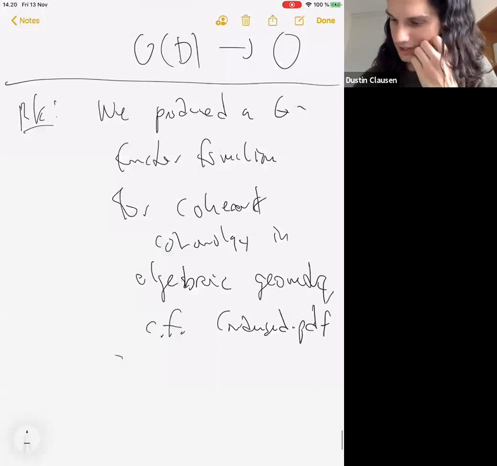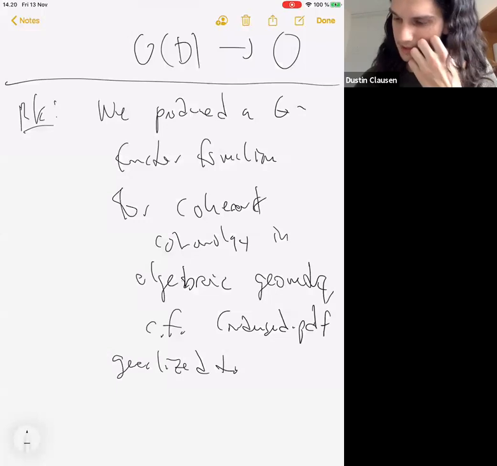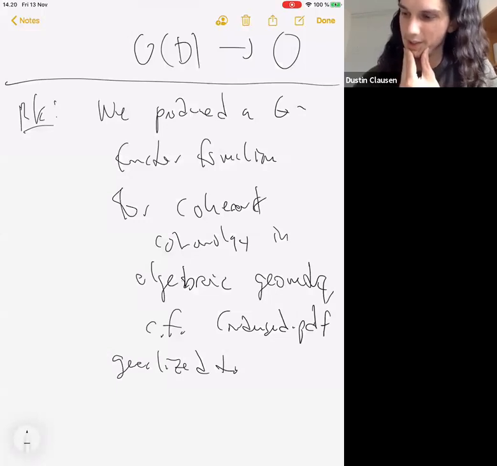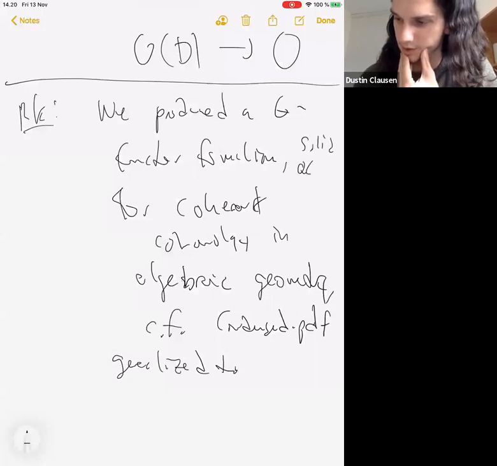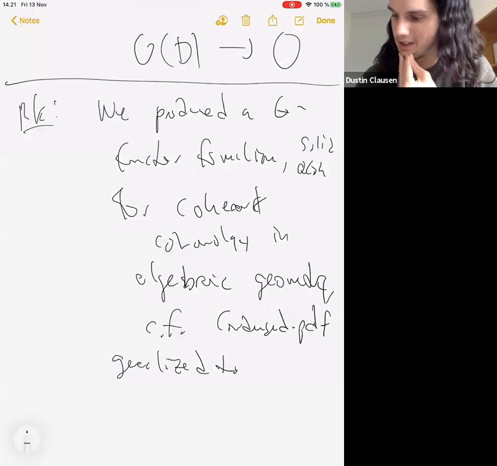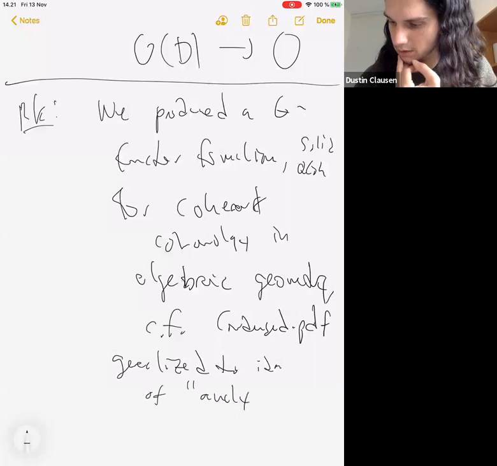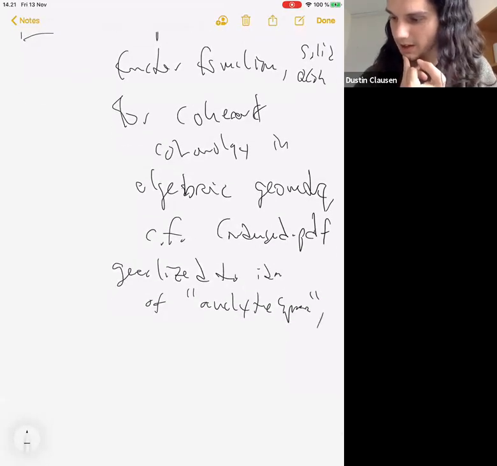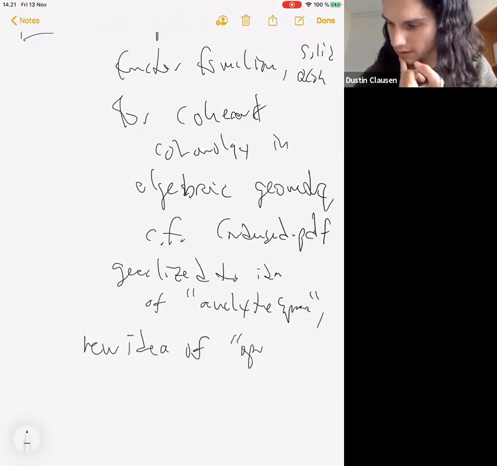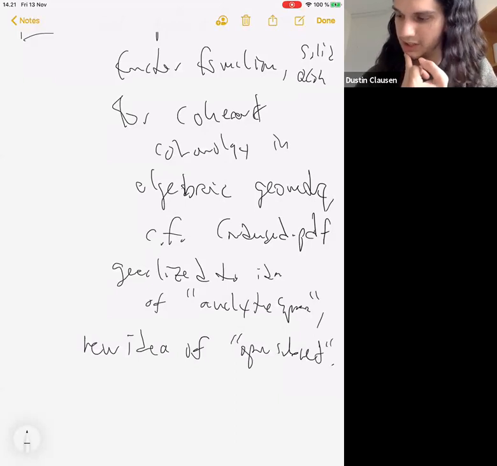And that got generalized to, well, in some sense, the kind of discussion that happened in building the 6-functor formalism and new kind of solid quasi-coherent sheaves. And that got generalized to this idea of analytic spaces, and a new idea of open subset, which was called steady localization.